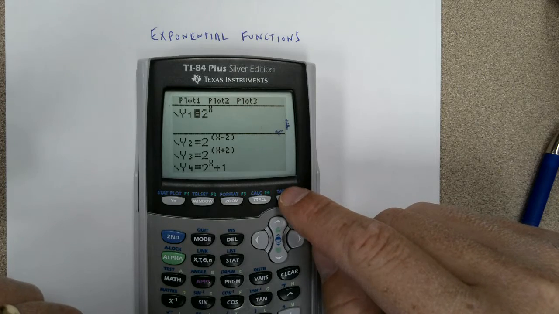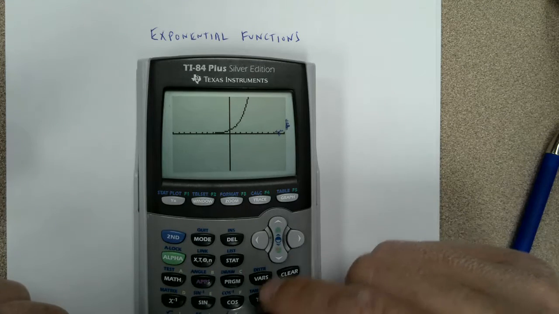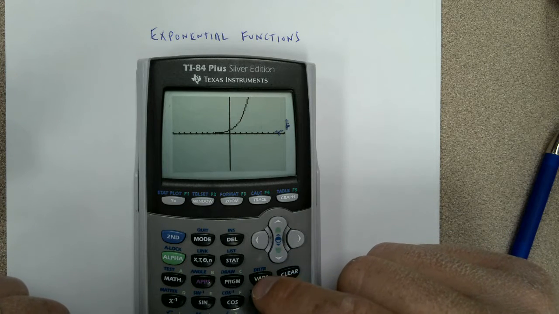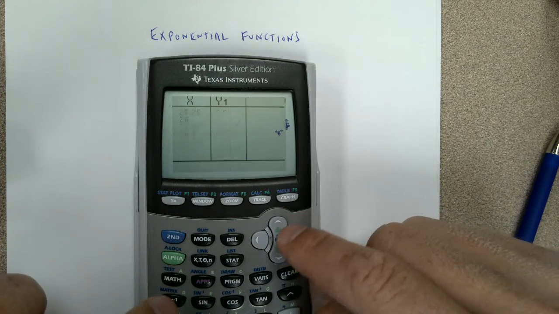Let's look at what that graph looks like. If I hit my graph button, you can see that it is a curve that has a horizontal asymptote. The horizontal asymptote is the x-axis, and let's look at the table here for that.